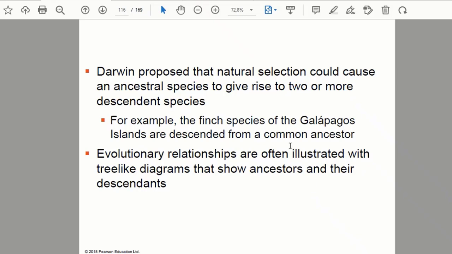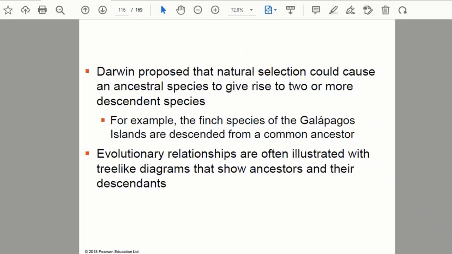For example, the finches of the Galapagos Islands are descendants from a common ancestor. The evolutionary relationships are often illustrated in a tree-like diagram that shows an ancestor and its descendants.